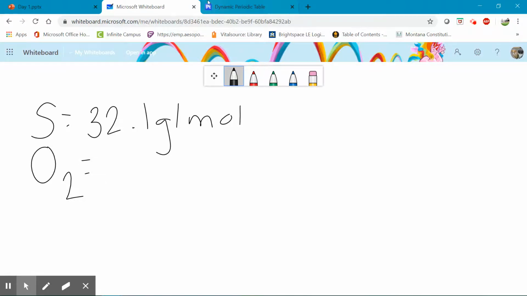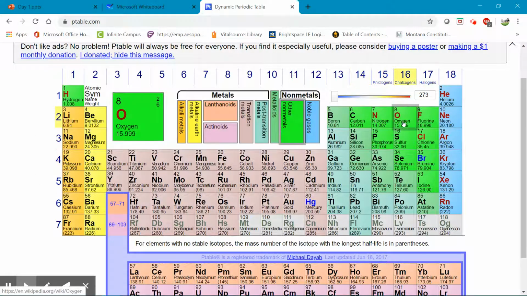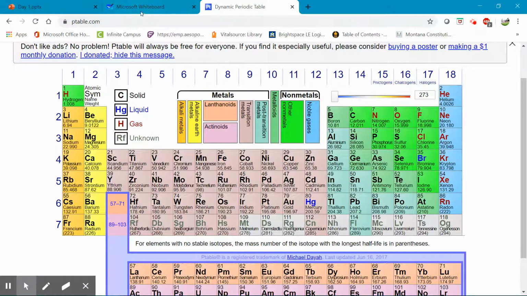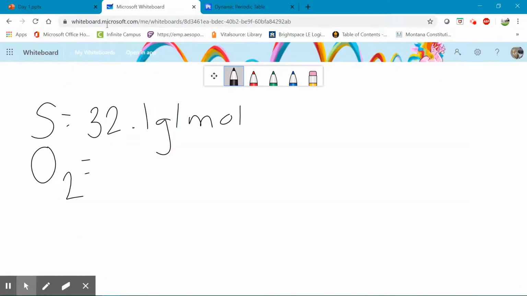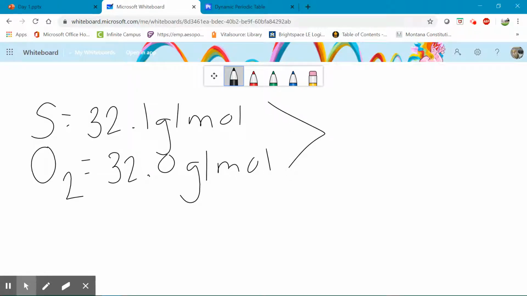And then we have our dioxide, which is O2, and each oxygen is 15.999, which if we round that, it ends up being 16.0. And since there's two of them, 16 times 2 is 32 grams per mole. And then all you simply do to get the gram formula mass of the entire compound is add those two together.